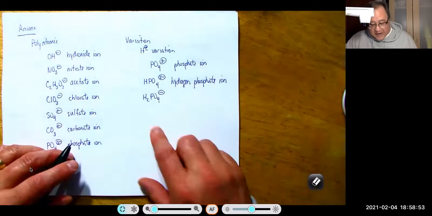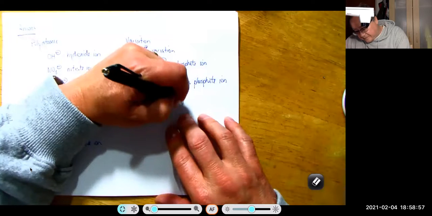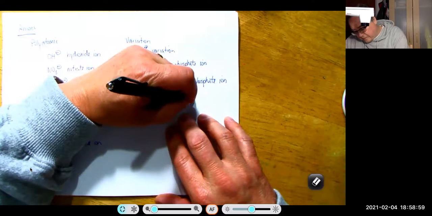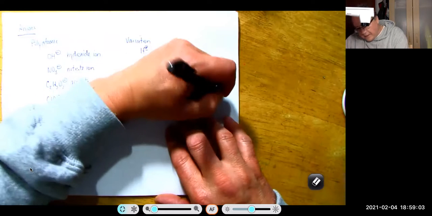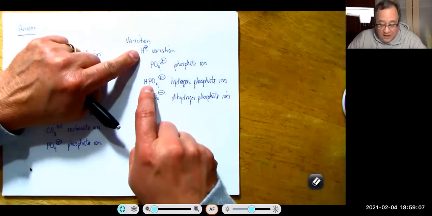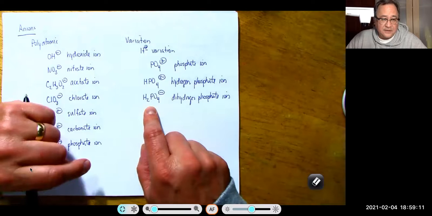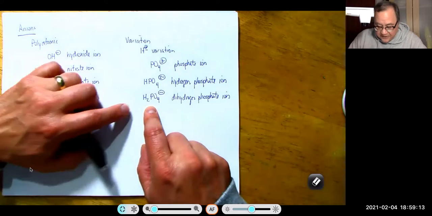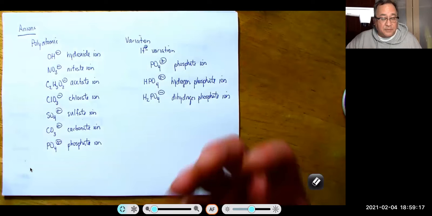We call it dihydrogen phosphate. Now, even though this is made up by combining 2 ions, this itself is only 1 ion. It's kind of like this is a piece of clay, this is a piece of clay, and when you put them together, you get one bigger piece of clay.